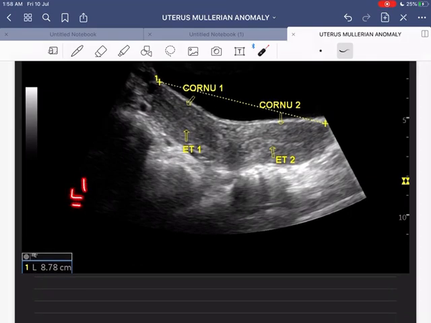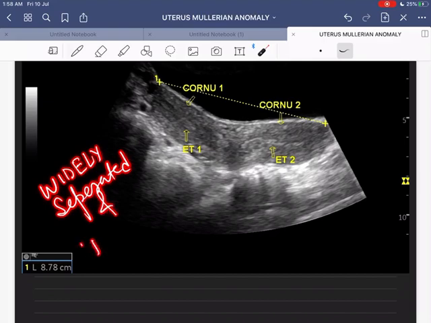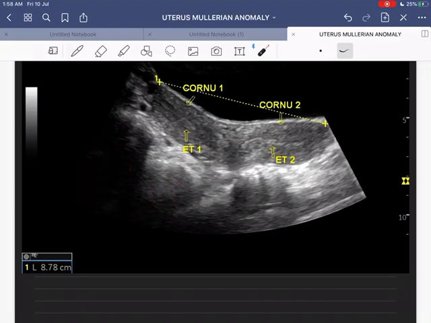Usually in a normal uterus it is less than or equal to 4 centimeter, but here it is 8.78 centimeter, implying that these are widely separated and divergent from each other. Also note that there is a separate uterine cavity.